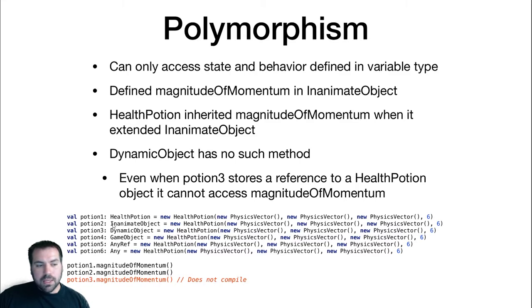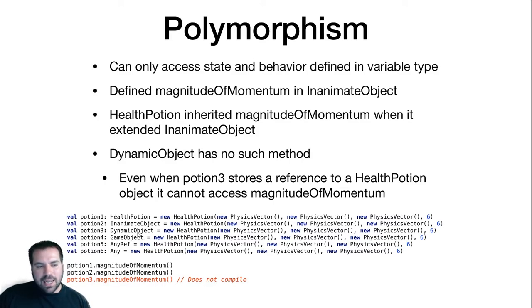So potion 1, this variable of type health potion, has the method magnitude of momentum, and you can call it and everything's fine. Potion 2, inanimate object, is the type that defined the magnitude of momentum code, so when we call potion 2.magnitude of momentum, we still have that method. It exists in the inanimate object class, so we are able to access that functionality.